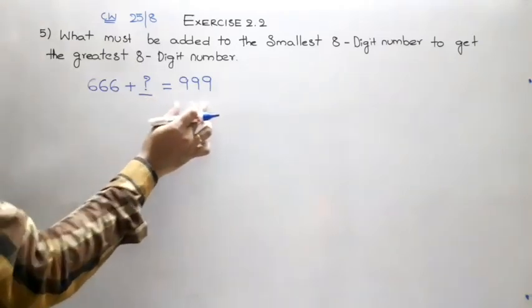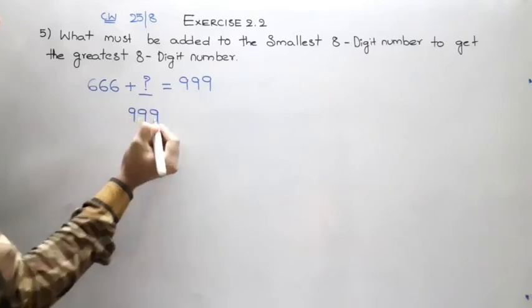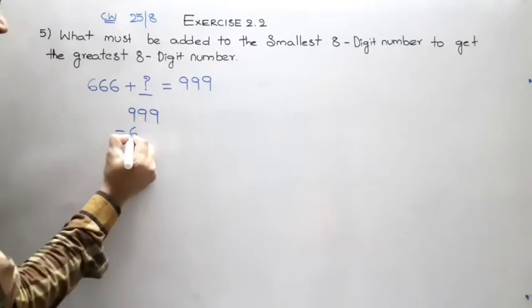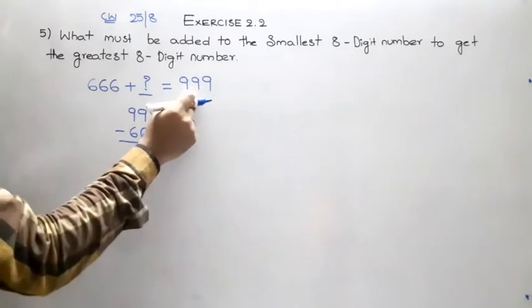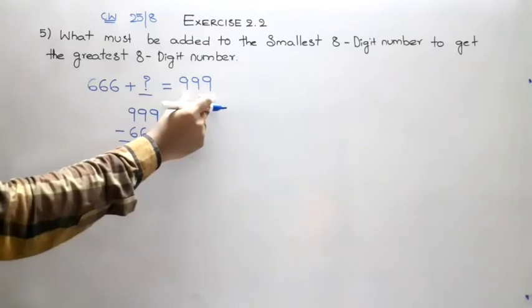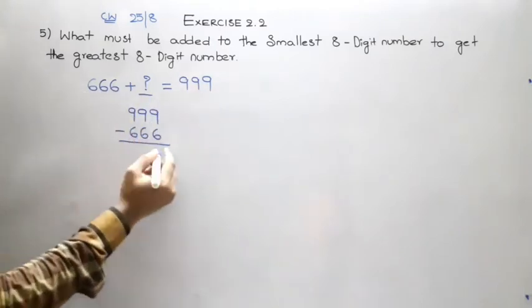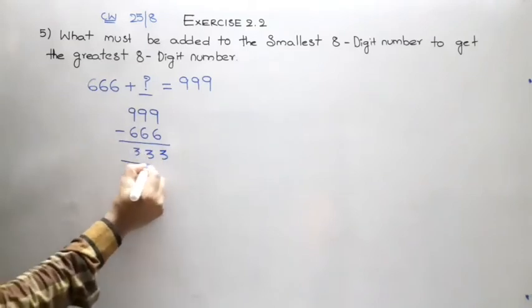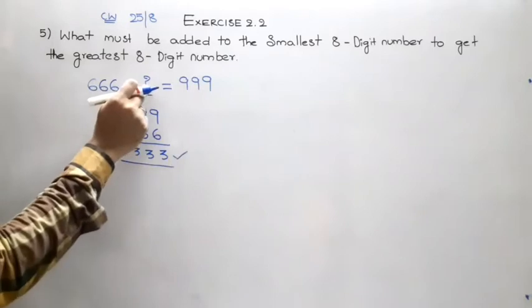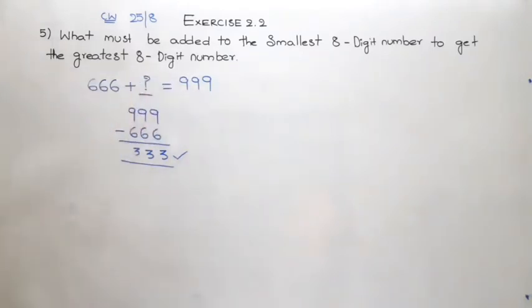So what we have to do, the number that we have to add should be like this. The given sum, in addition, what we call the result, sum. Sum minus the leftover number, that is 333, is the answer which we have to keep in this question mark so that the result is going to be 999.